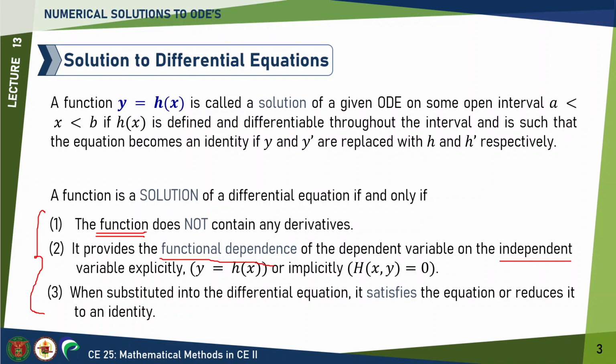So you can express the dependent variable explicitly in terms of the independent variable x. And of course, if you substitute your function solution into your ordinary differential equation, that equation should reduce into an identity. So that's what we learned from CE24, and our methods on how to analytically solve for the solution to differential equations.